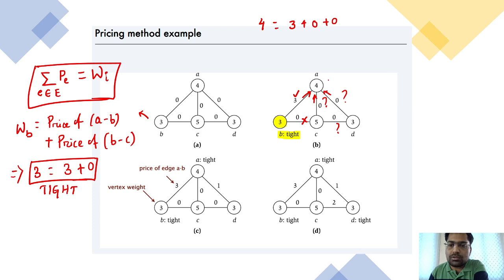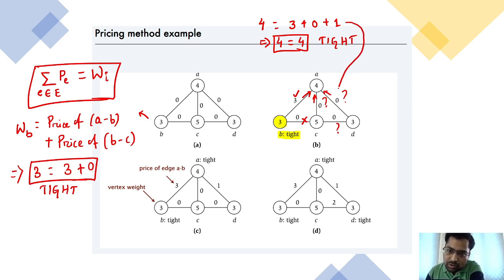So any of these will be enhanced to at least 1, because only then can we say 4 will be our tight condition we can expect. Clear? Then only we can say for getting a tight condition it should be at least 1, then only we can get it tight. Clear?